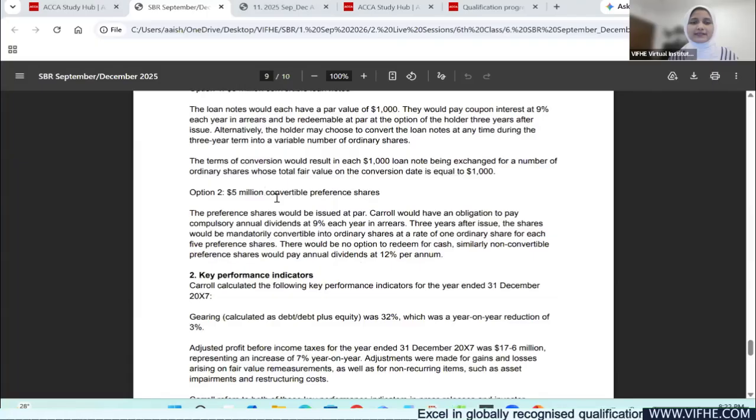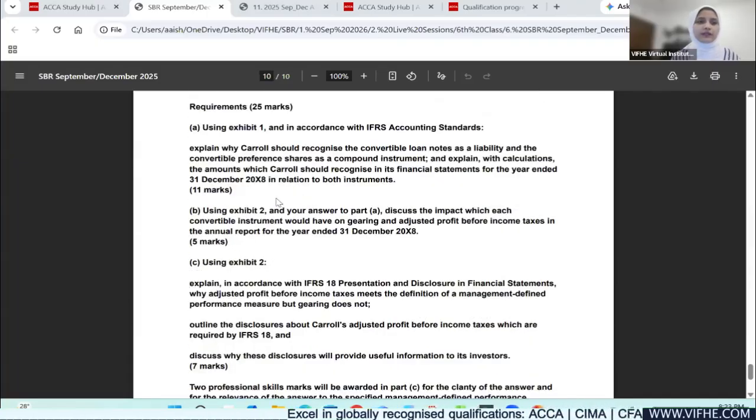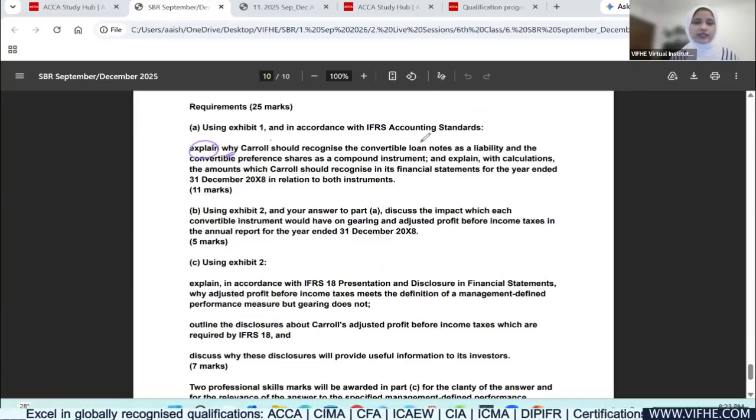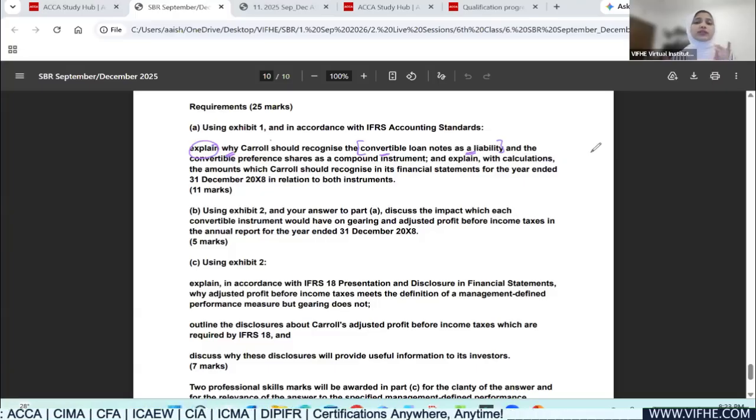Now, before I read this exhibit 1, I will go to the requirement. Using exhibit 1 and in accordance with IFRS accounting standards, explain why Carol Company should recognize the convertible loan note as liability. They already told us that it should be recognized as a liability, which means we don't have to crack our brains into thinking whether the convertible loan note is a liability or an equity instrument.